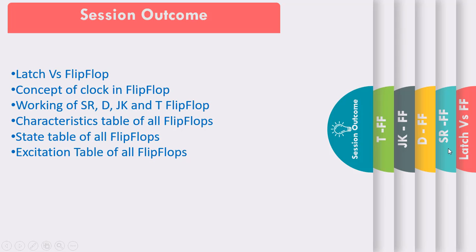Then before going to the flip-flop topic, we have also seen the concept of clock in flip-flop, because clock is a very important parameter in all digital devices. Then we have studied the working of all these 4 flip-flops, characteristic table of all flip-flops, state table of all flip-flops and excitation table of all flip-flops. So I hope you understand this flip-flop and latch topic clearly.